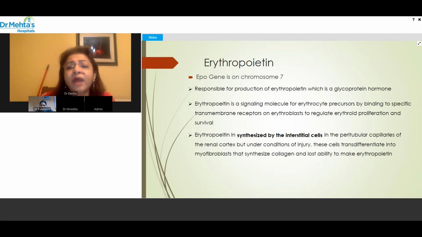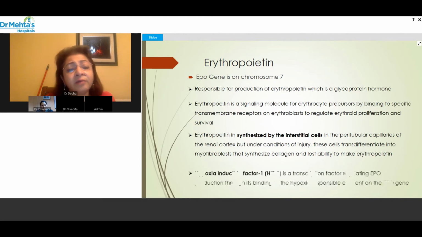So if you have a patient who's in the earlier stages of CKD, but who has significant anemia, it might mean that there's this injury going on to the renal cortex, and therefore even the few interstitial cells that are surviving are not able to make erythropoietin because they have transdifferentiated into myofibroblasts that are actually synthesizing collagen instead of erythropoietin.